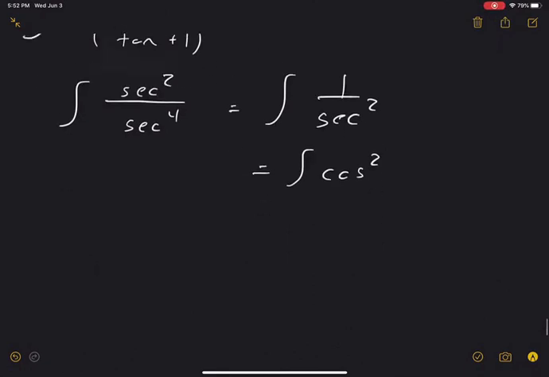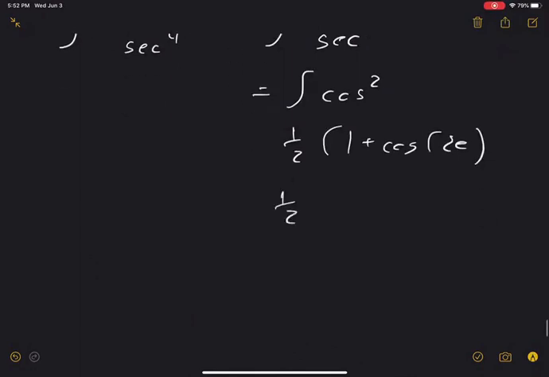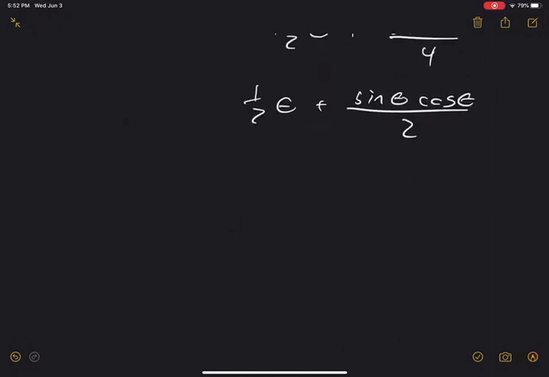Okay, and then cosine squared we turn into 1/2, 1 plus cosine 2 theta. So we get 1/2, the integral is 1/2 theta plus sine 2 theta over 4. And we turn that into sine theta cosine theta over 2. And then triangle.